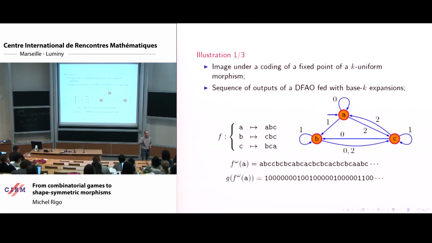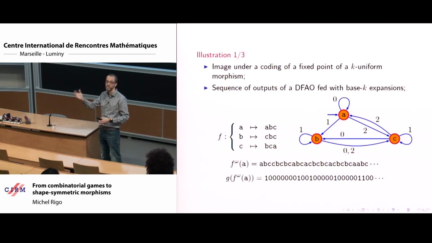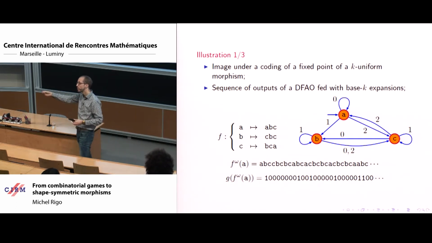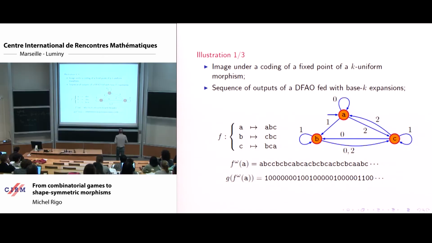Just to recap with this slide, this was an example of a three-automatic sequence. What you need to have in mind is that on the left side you have a morphism, and you iterate this morphism to produce some infinite word. On the right side, this is exactly the same game, so to speak, but here you use a finite automaton to produce any element of the sequence.